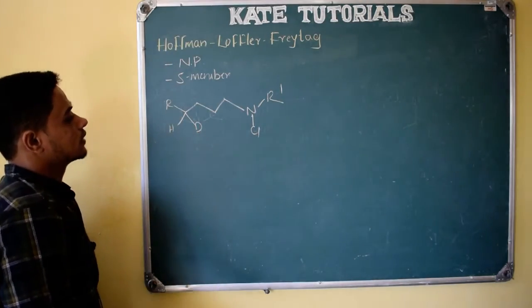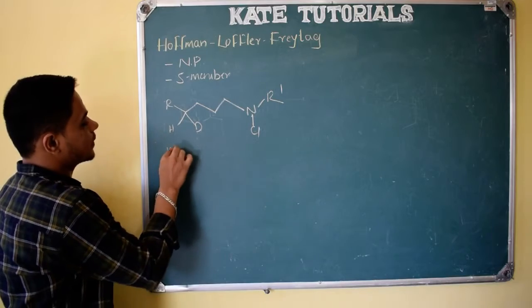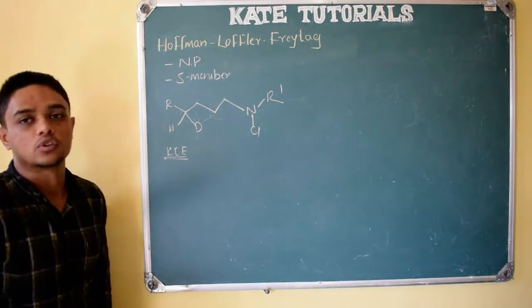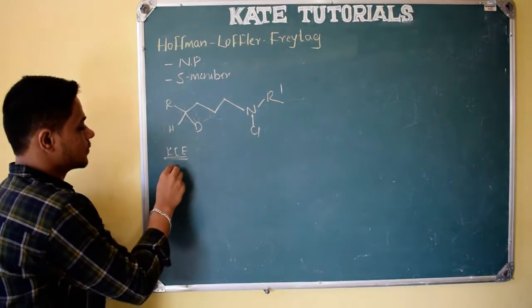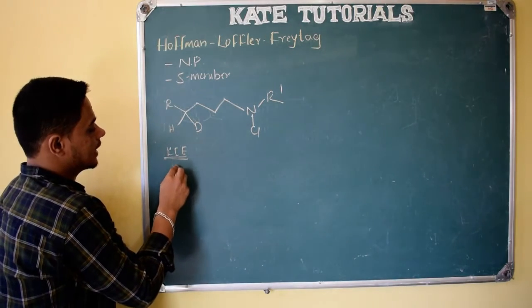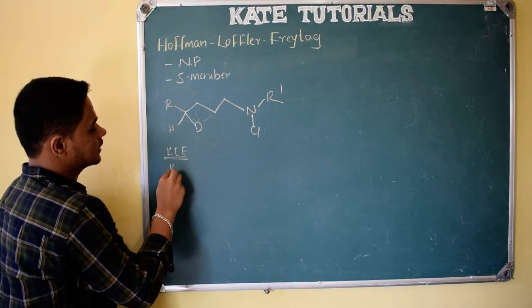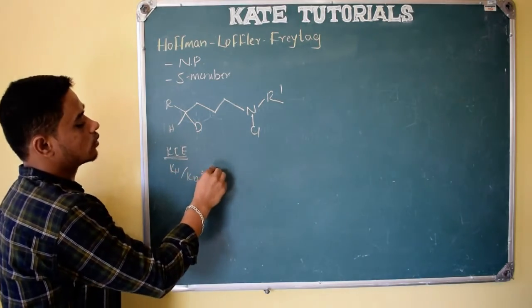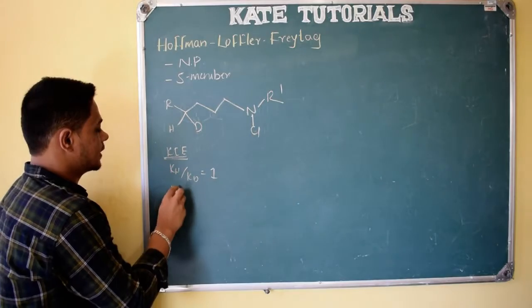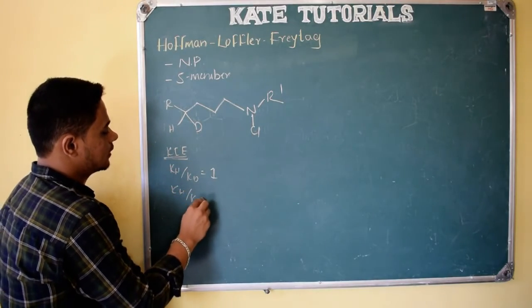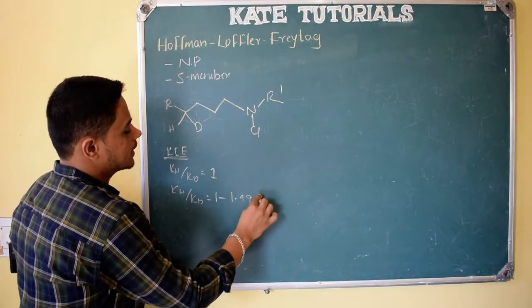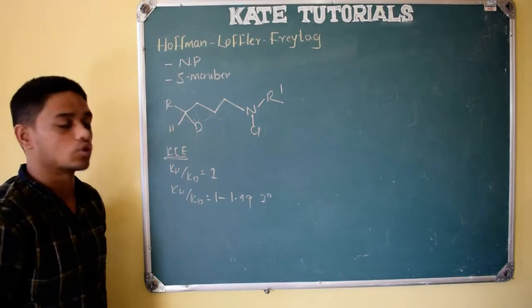See here, first we know, in the kinetic isotope effect, we have studied this kinetic isotope effect, right? So we know if the kinetic isotope value kH upon kD is equal to 1, then it means no kinetic isotope effect. If kH upon kD is around 1 to 1.49, then it is called secondary kinetic isotope effect.